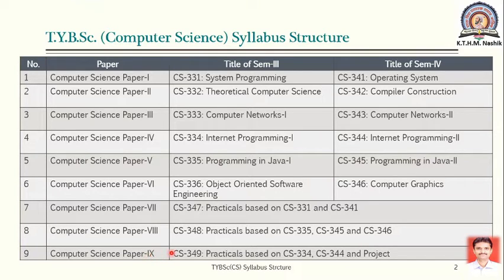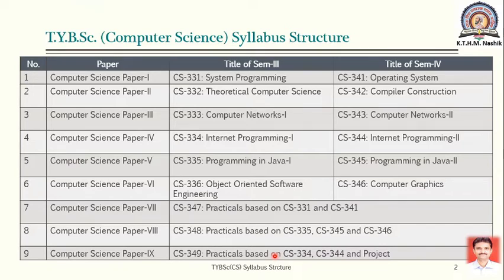Then the last computer science practical course, paper 9, will be based on internet programming. Here you have to develop internet programming web pages with the help of PHP language.